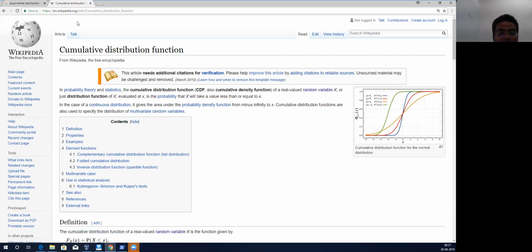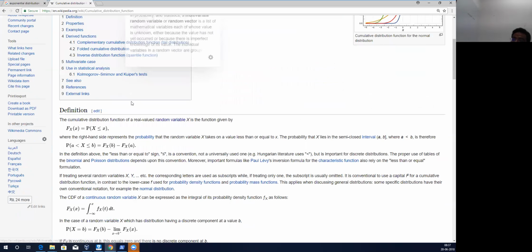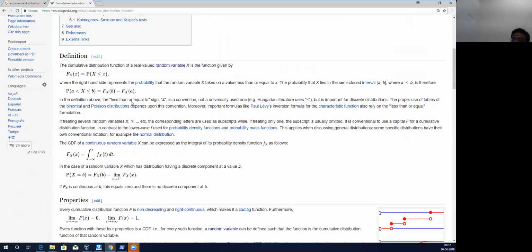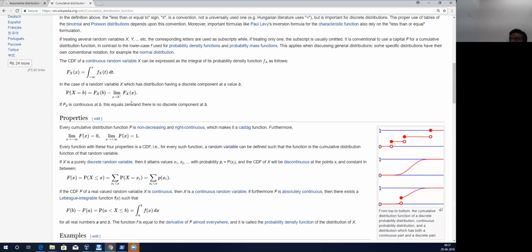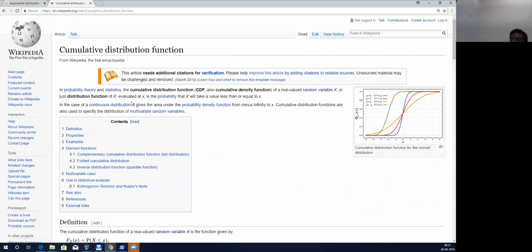CDF is the cumulative distribution function, of a real valued random variable x. Nothing much more is there. Okay, I got a hang of it. Distribution.